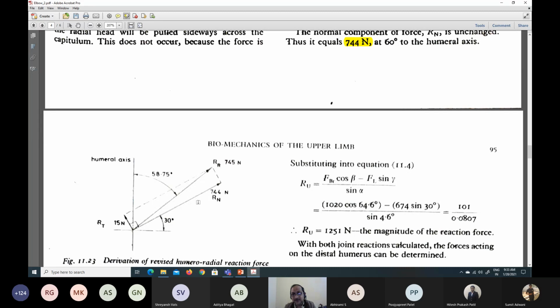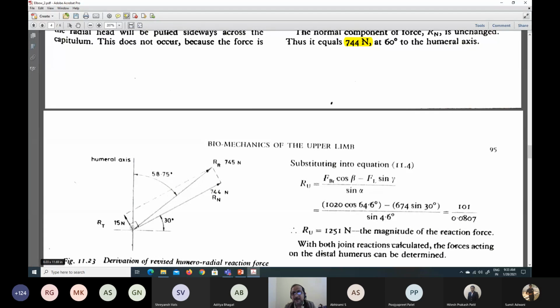So the RT is 15 newtons. This is absorbed by the RT. If it is trying to move this way or that way, the direction will change. But this is the tangential force now, which is acting at this point of contact, balancing the frictional force.